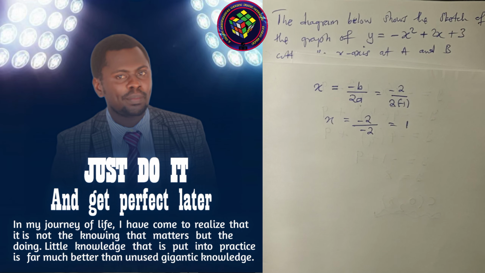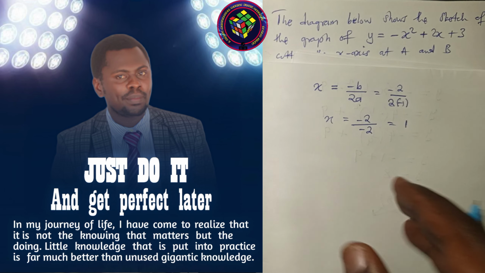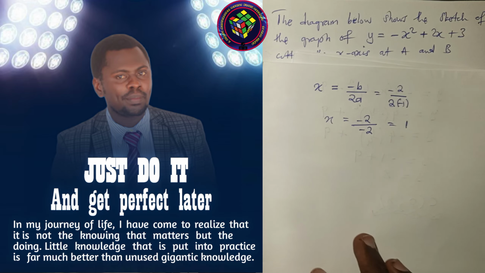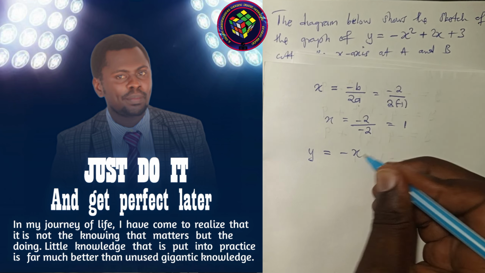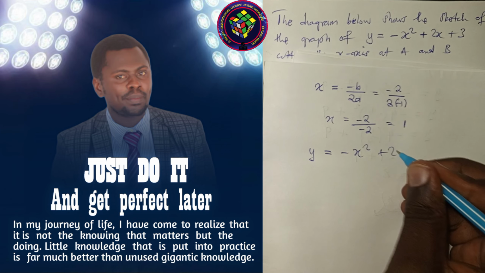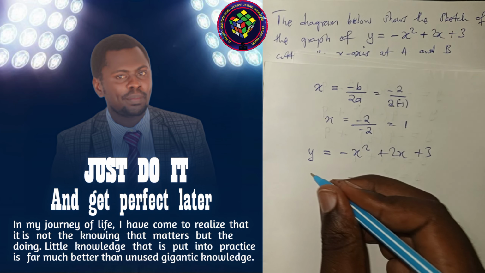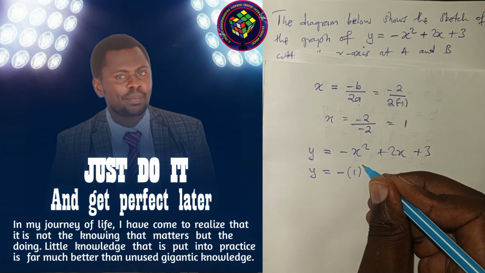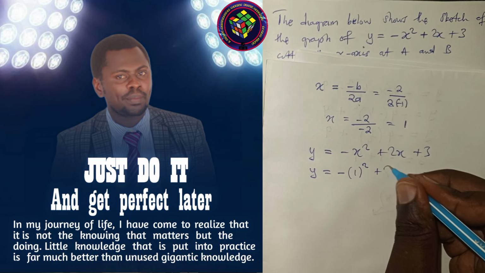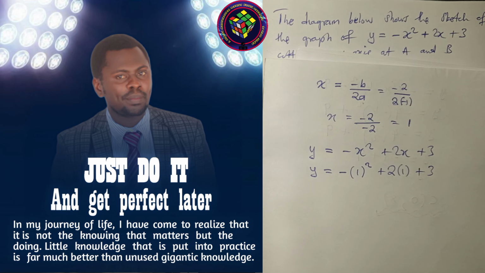Okay, so since we have the x value, then you can get the equation, and where there is x, you put a 1. So you know that y is equal to minus x squared plus 2x plus 3. Yes. So where there is x, we are going to put a 1. So y is equal to minus, then x is 1, so squared, plus 2, x is 1, then plus 3.